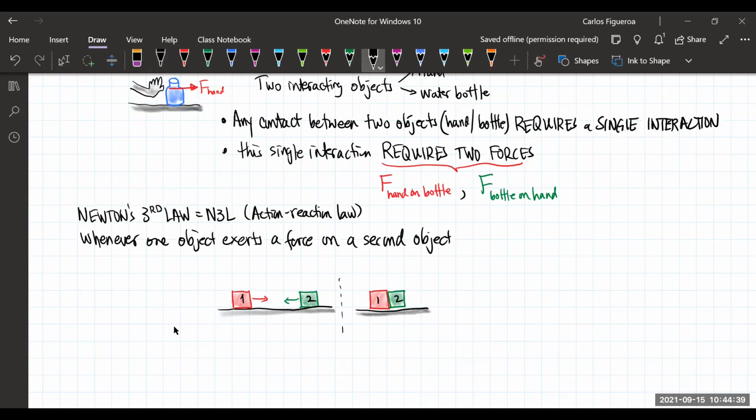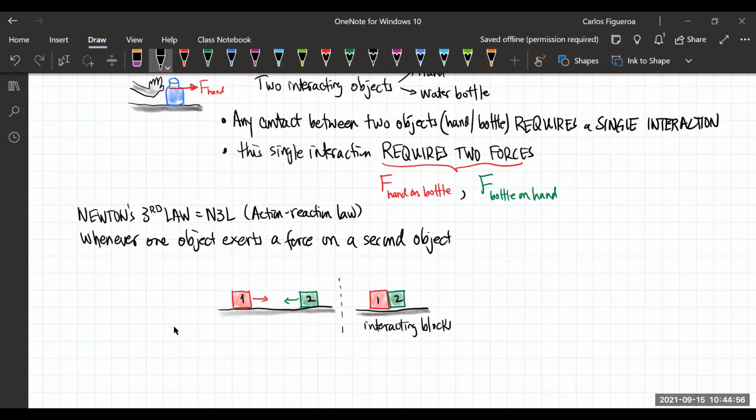So now we have interacting blocks. Here's what you find.